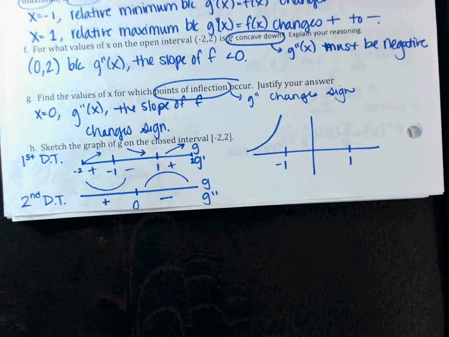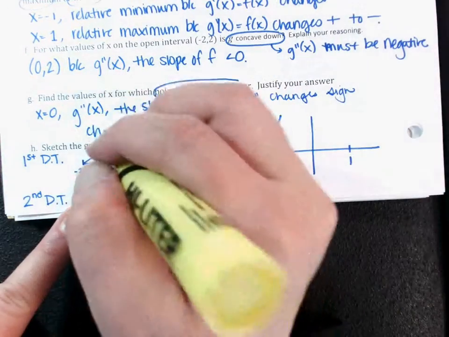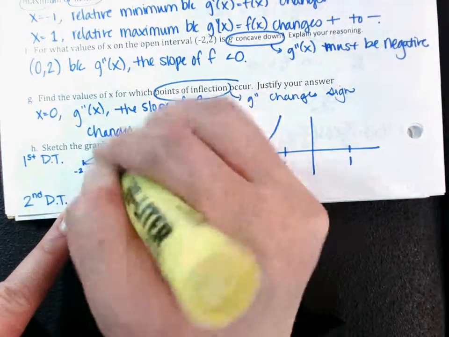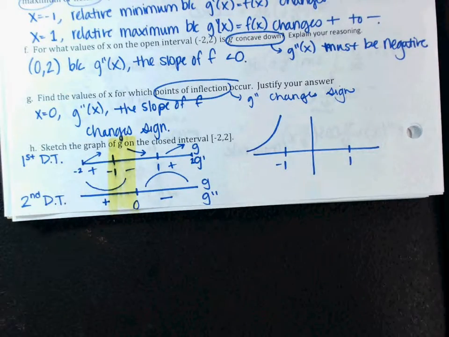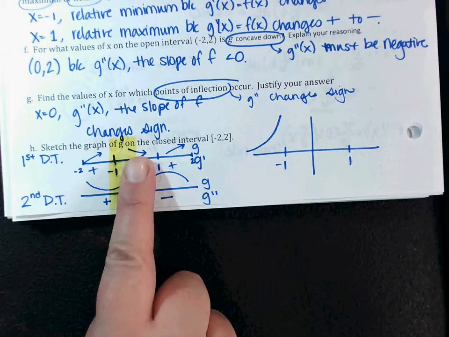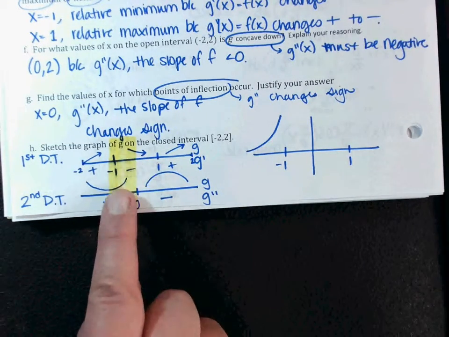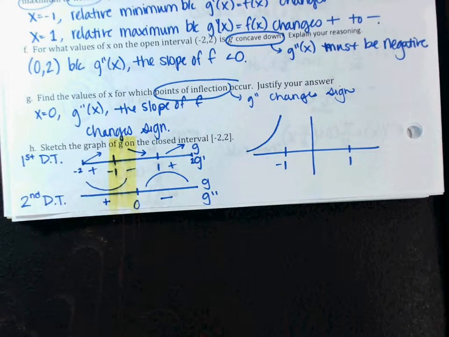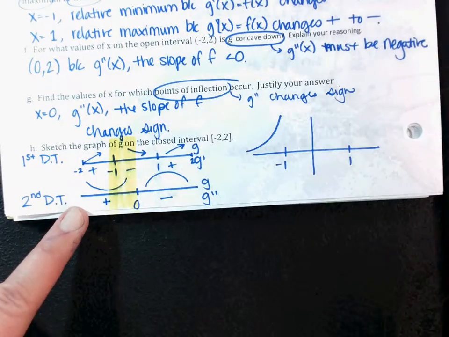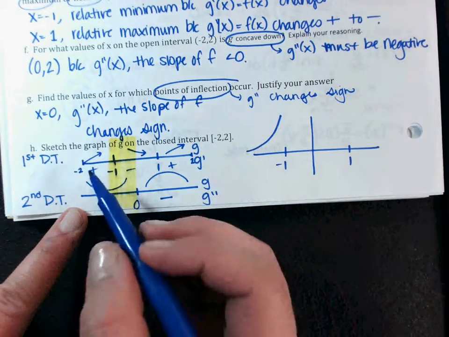Now I'm going to look at this section. From -1 to 0, what is my graph doing? It's decreasing, but it's still concave up. So when I do my graph, I need to be decreasing, but I need to stay concave up.